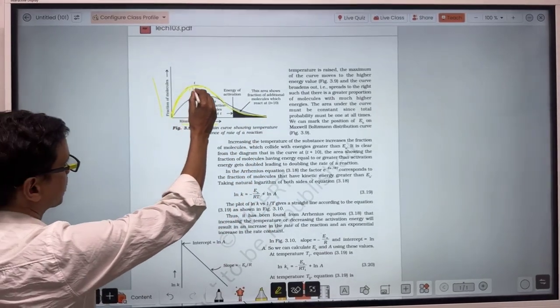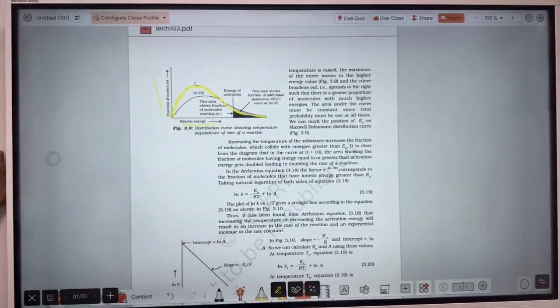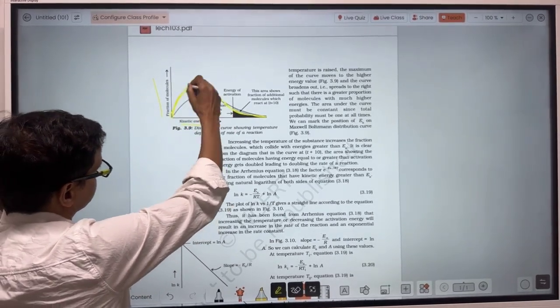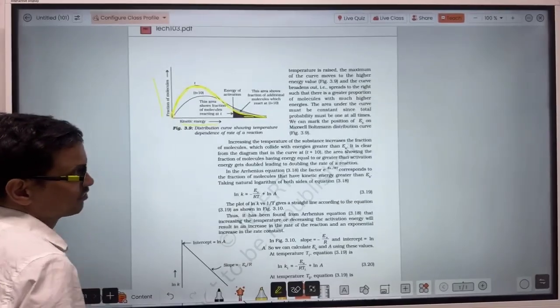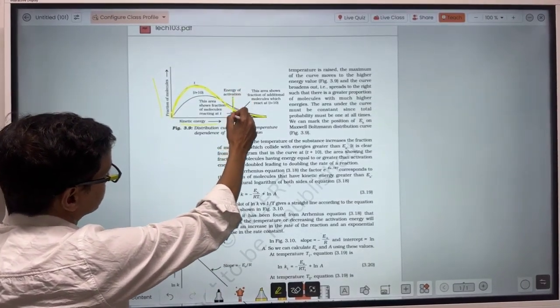This is the graph of the reaction at T. Threshold activation energy here.